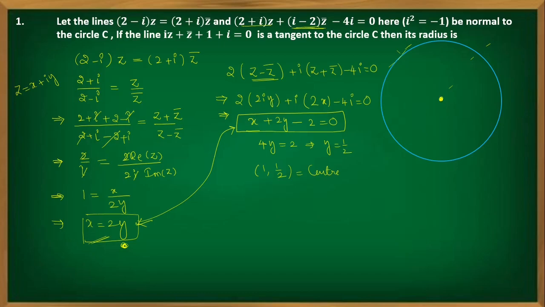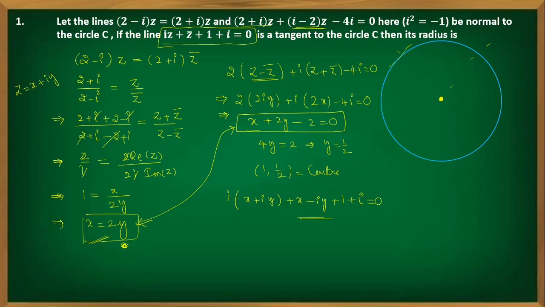Now after getting the center of the circle, you see iz + z̄ + 1 + i is a tangent line. So once again you have to convert this into Cartesian form. In place of z you write x + iy, and z̄ is x − iy, plus 1 + i equal to 0. Now a complex number is 0 means its real part is 0 as well as imaginary part is 0.